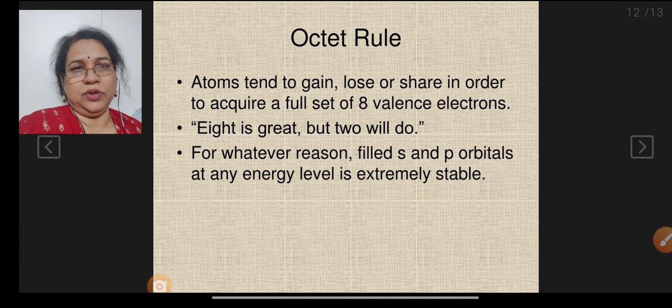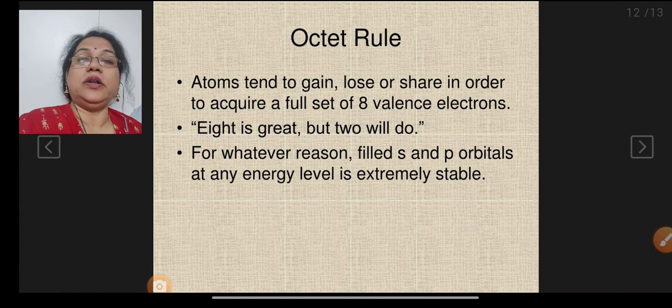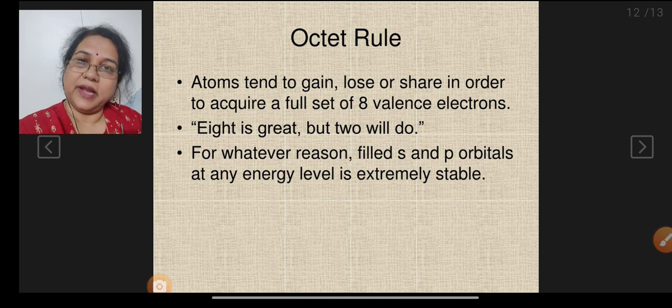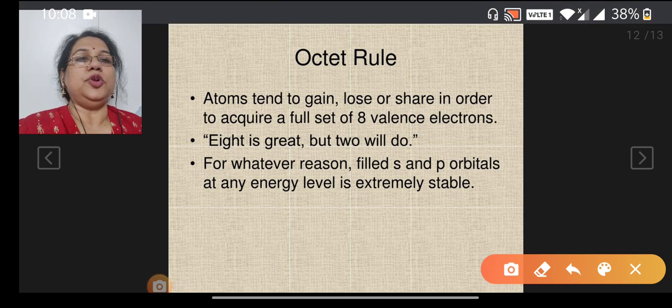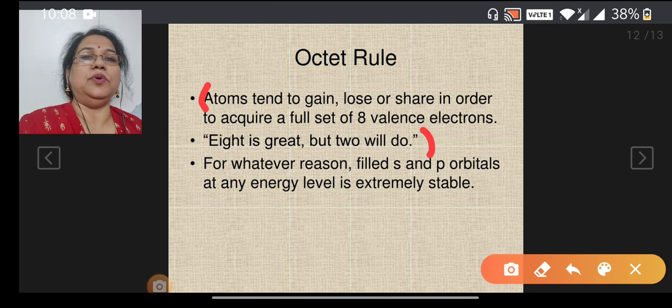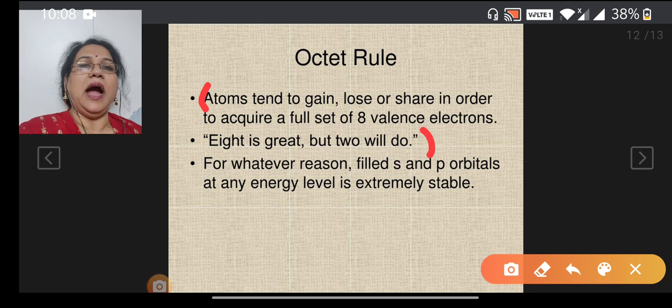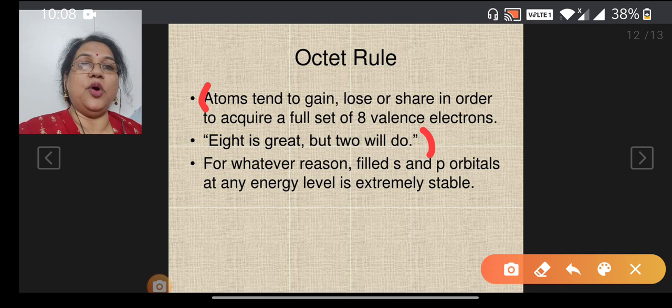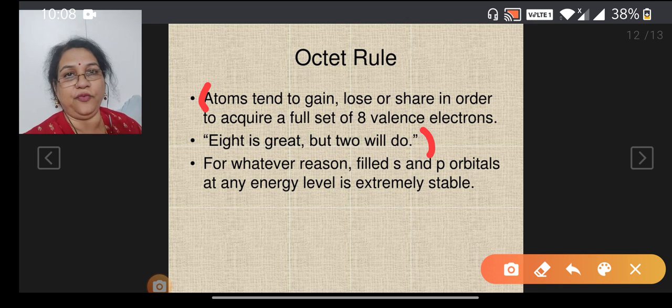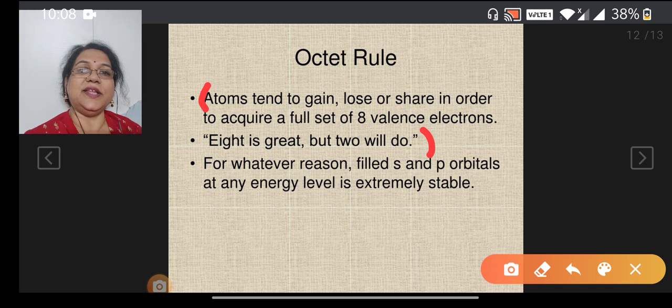Now the octet rule, this is very important. The octet rule is very important for the 9th class and for the 10th class also, so you have to write down the definition. The octet rule is given in the book: atoms tend to gain, lose or share electrons in order to acquire a full set of 8 electrons. 8 is great, but 2 will also do.